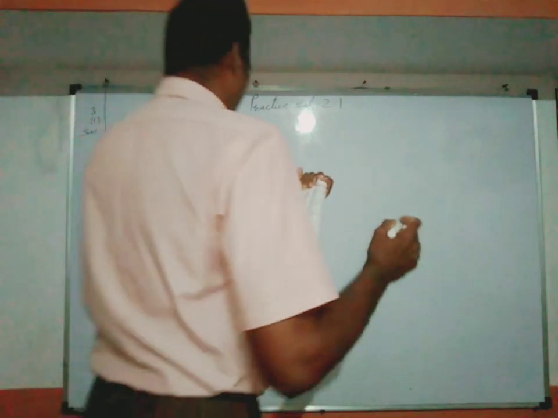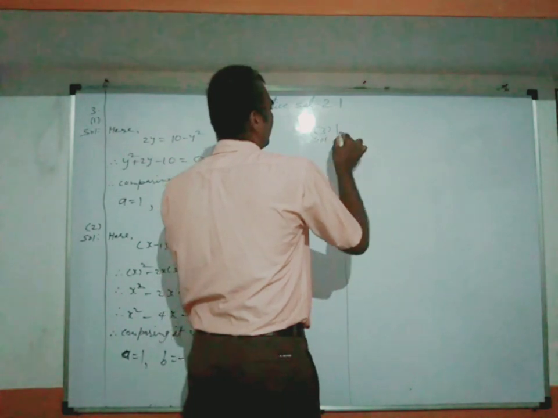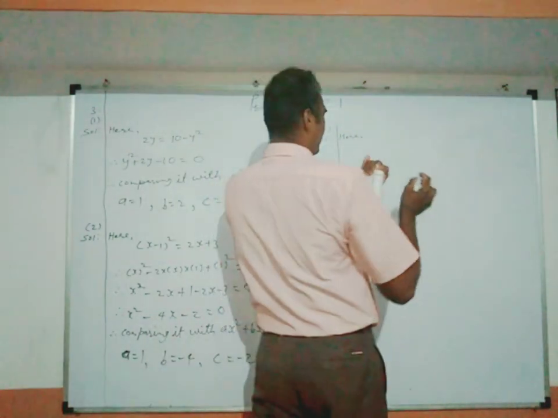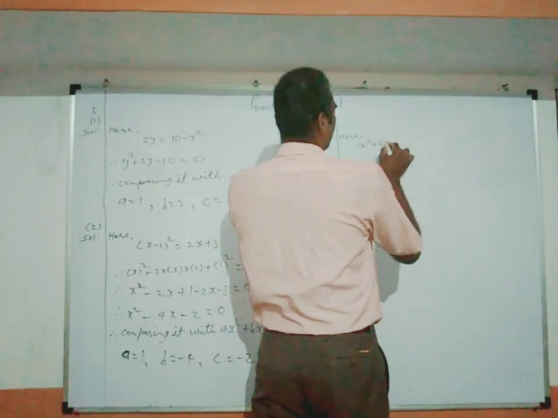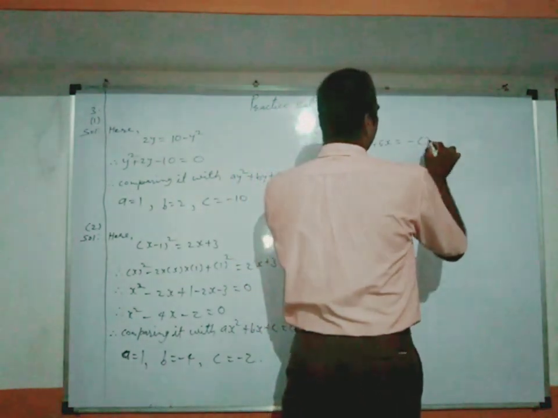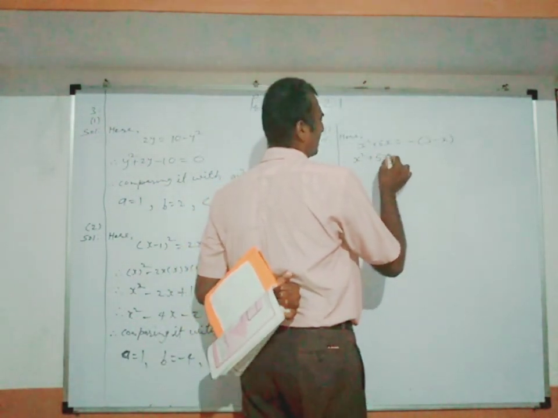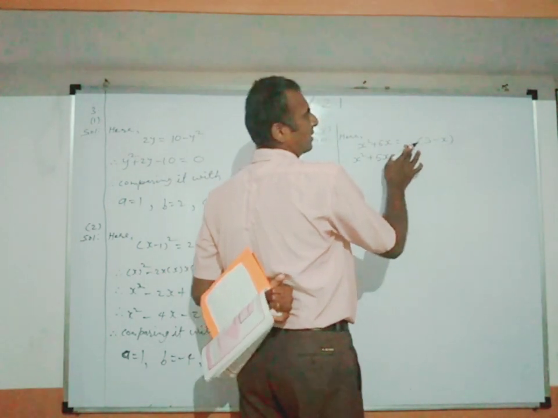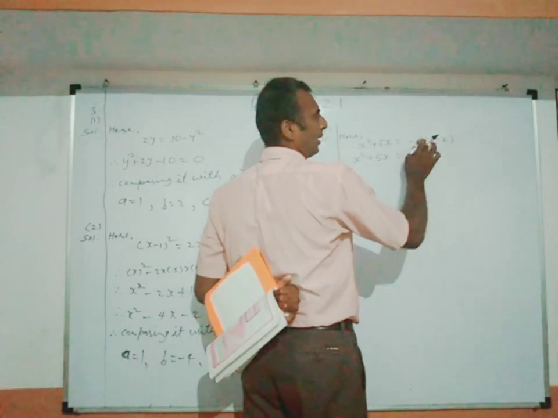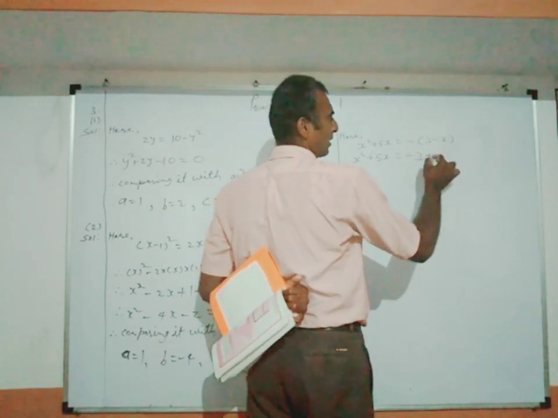Then number 3, solution. Here given is x square plus 5x equals minus (3 minus x). Therefore, x square plus 5x equals, the minus sign will be applied with each and every term in the bracket: minus 1 into 3 gives us minus 3 and minus 1 into minus x gives us plus x.